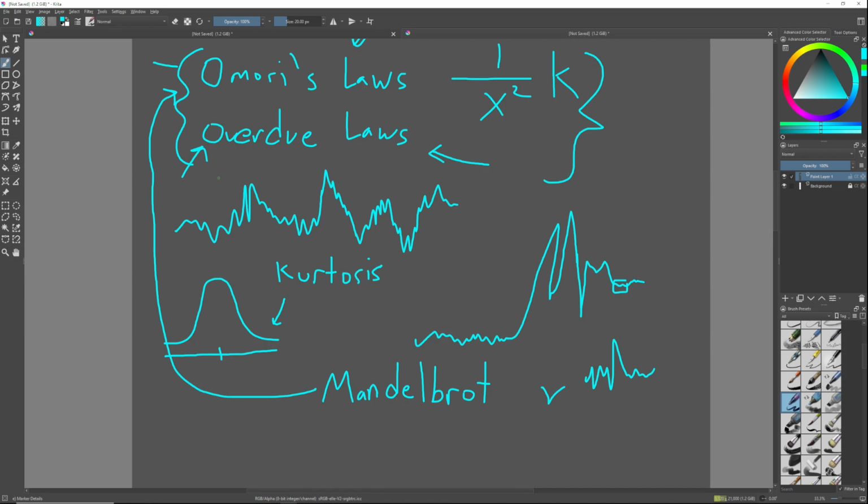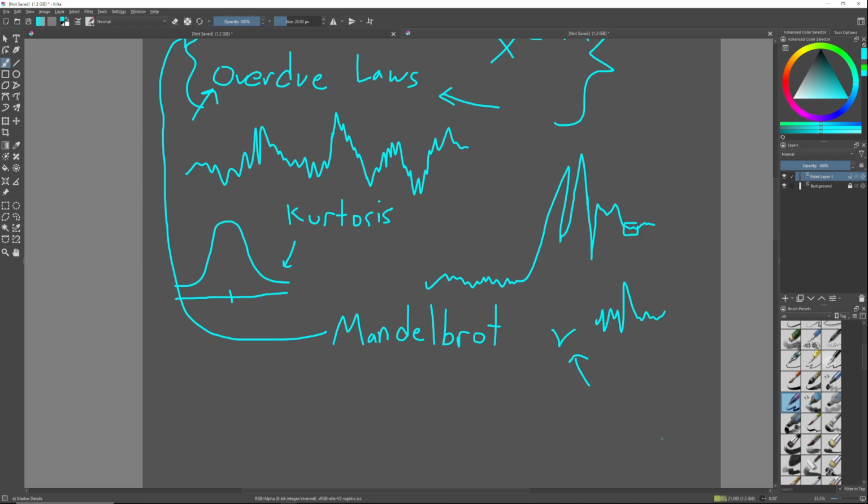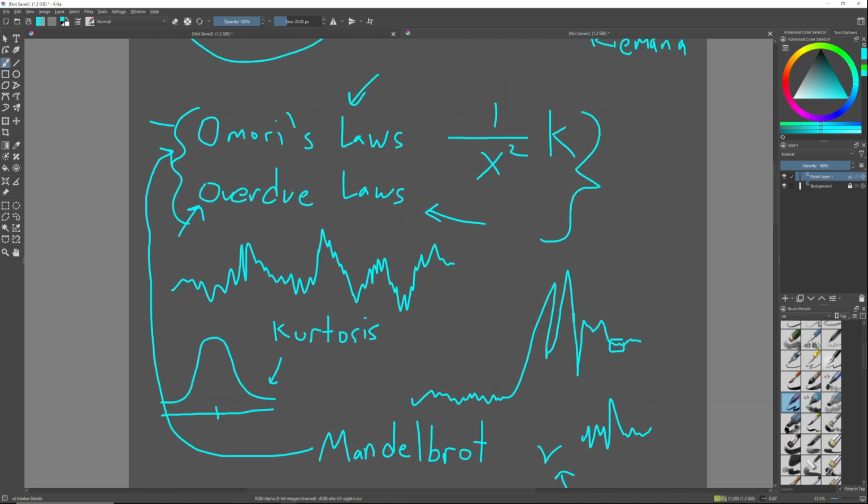Volatility has some limits in how far it can go, because stock markets, financial markets are also ultimately reflecting reality in some way. So I think it's a similar situation. You have some competing laws here.